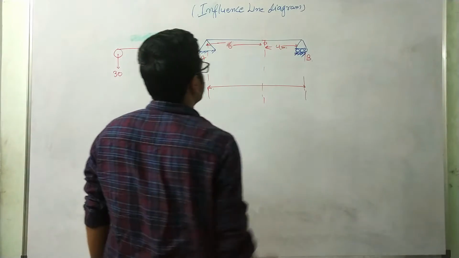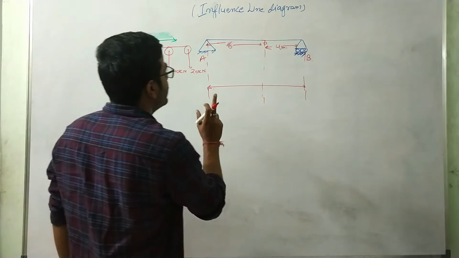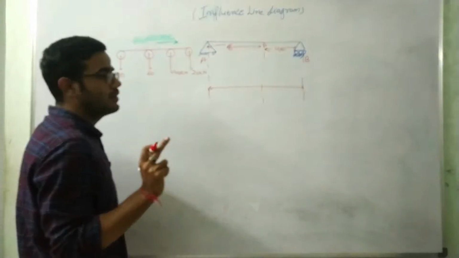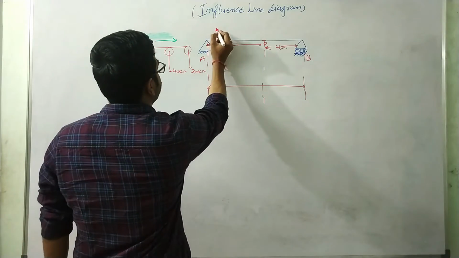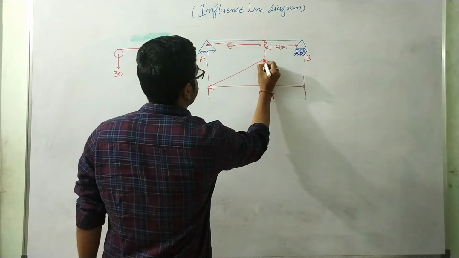We need to calculate the maximum moment that will be generated at P. So first we will draw the ILD due to a unit load traversing this beam. This thing we have already discussed in detail.